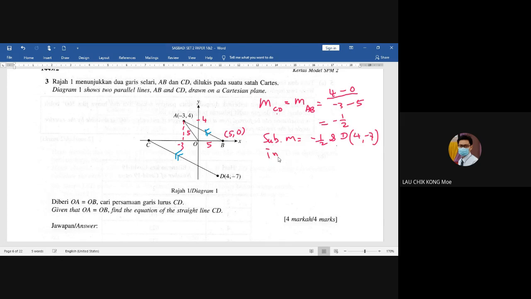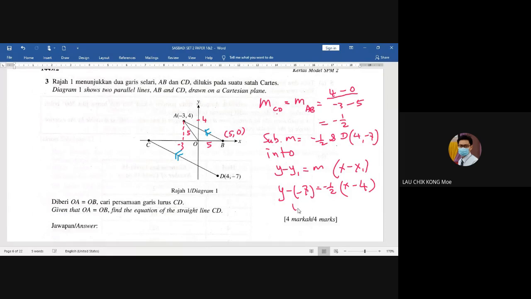Okay, I try to use the additional math formula because this is faster. We don't need to find a C. Y minus Y1 equals to the gradient times X minus X1. If you use this one, very fast. So Y minus -7 equals to the gradient -1/2, bracket X minus 4.